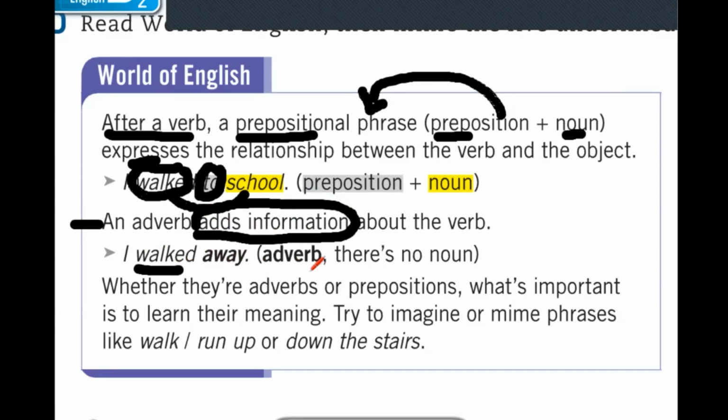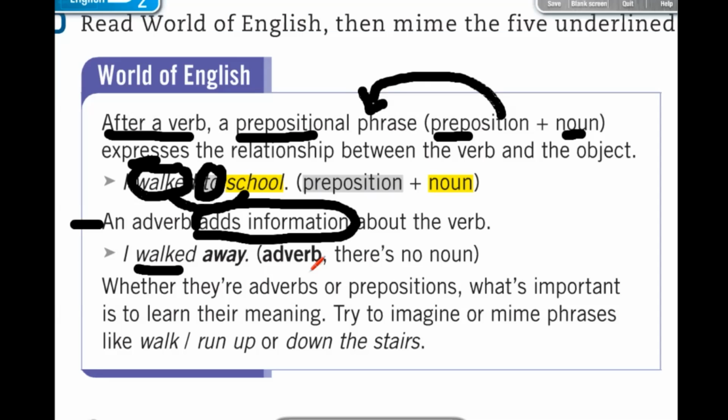Away. Adverbs respond to questions like when, where, how, and to what extent. So those are the questions that the adverbs respond to, related to the words that they are modifying.